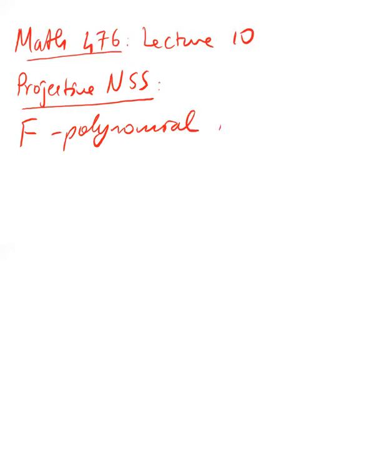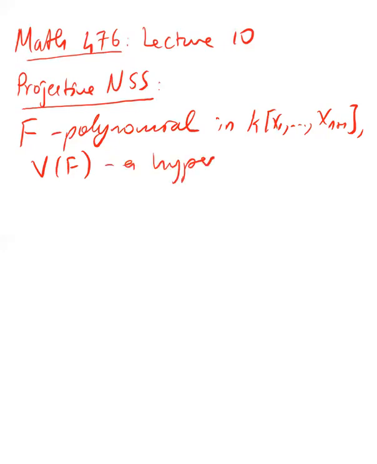in K[x1, ..., xn+1], then its zero set is V(f). This is a projective hypersurface.